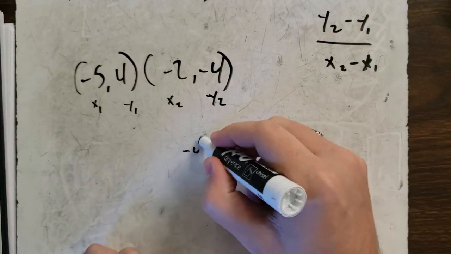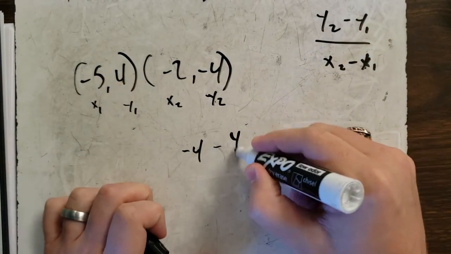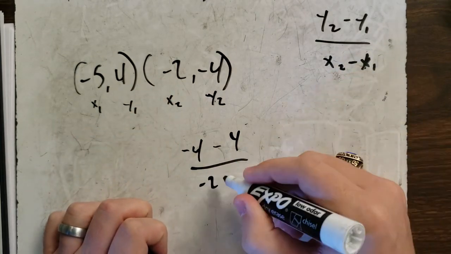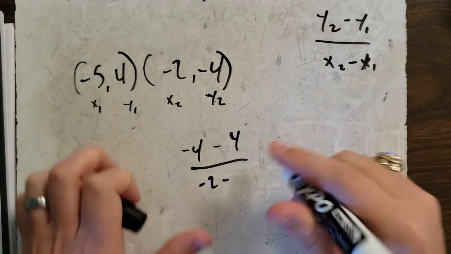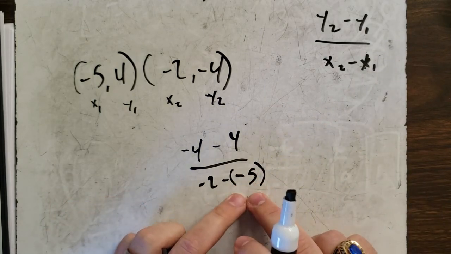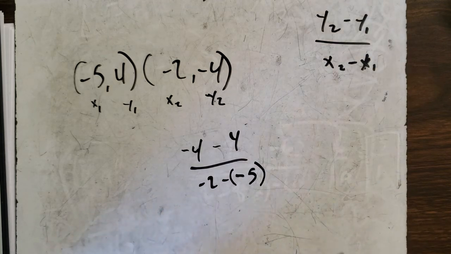y2 is -4 minus y1, which is 4, over x2, which is -2, minus x1, which is -5. Now, I'm putting parentheses around this just to separate it from the other minus, okay? So it's not multiply, it's just -5 minus -5.